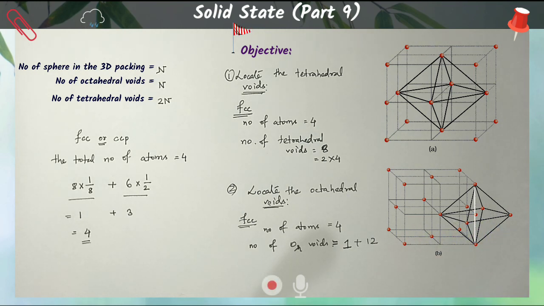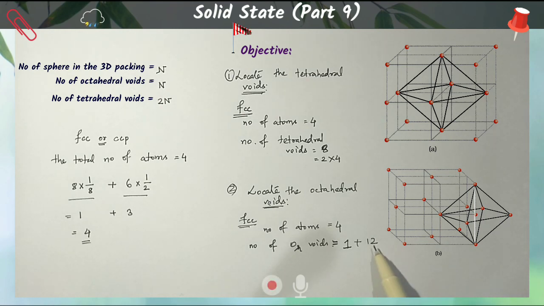But the thing is that one edge is shared between a total of 4 unit cells. That means if you consider only this octahedral void amongst these 12 octahedral voids, we already know that one edge is shared between 4 unit cells, so this octahedral void is also shared equally between 4 unit cells.